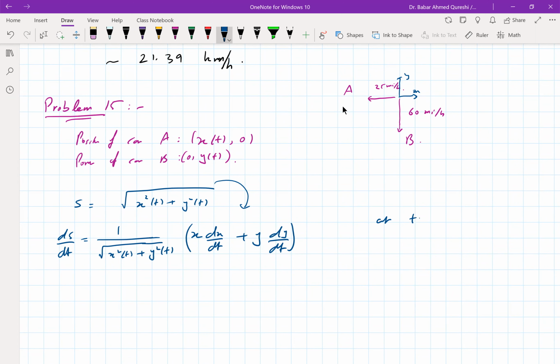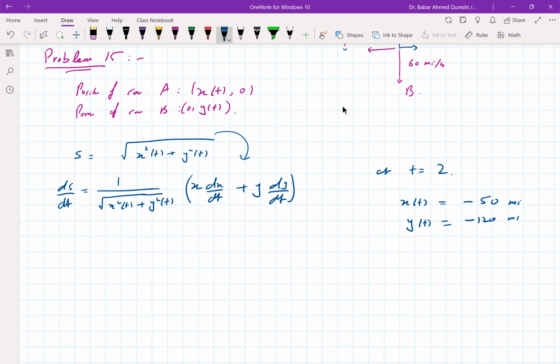So at t equal to 2, x of t, because it moves at 25, is minus 50 miles. And y of t is how much? It moves at 60 miles per hour, so it's minus 120 miles. Y coordinate is negative if I draw the axis this way.